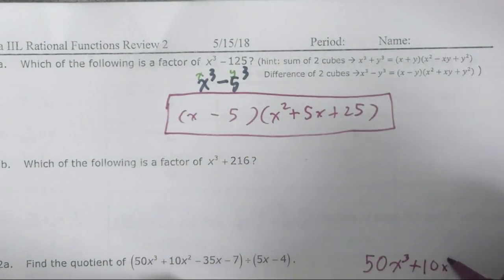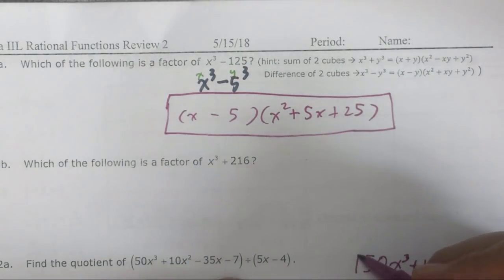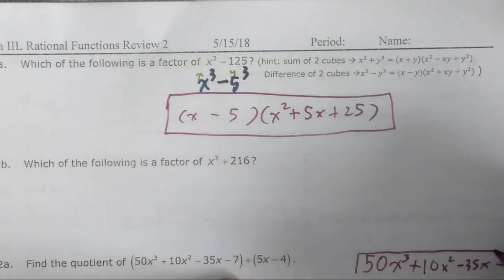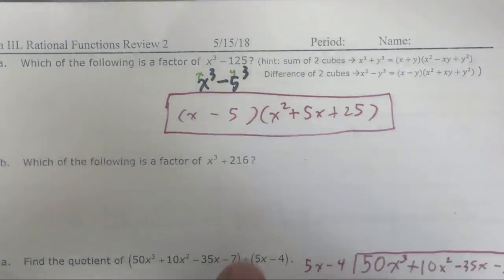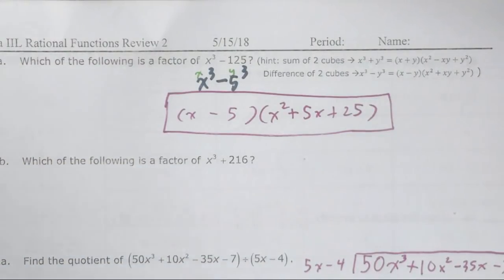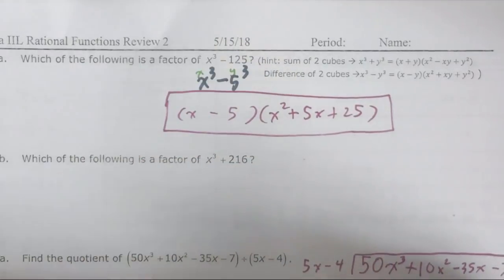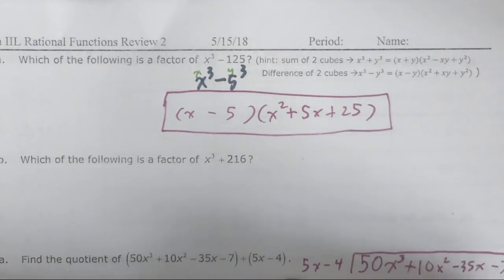X cubed, there's the x squared, there's the x, there's the constant. And this last one goes outside. What has to happen is this binomial, we start with these first two terms for how many times they go inside.